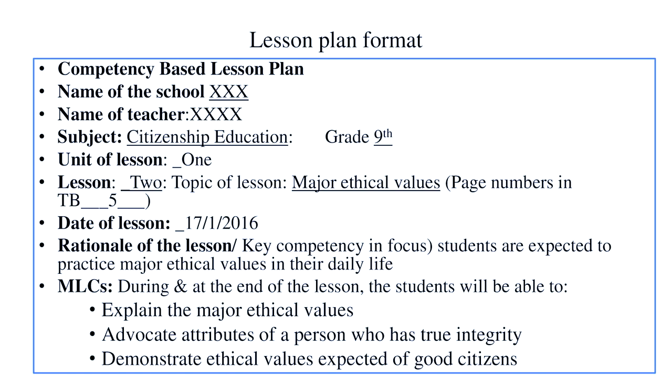Then in the new format, there is a competency-based lesson plan. It contains the name of the school, name of the teacher, subject, unit of the lesson itself, and then page number, date of the lesson delivery, rationale of the lesson. Yes, this is somehow different from what we knew earlier. Then the minimum learning competency should be included here in a brief way.